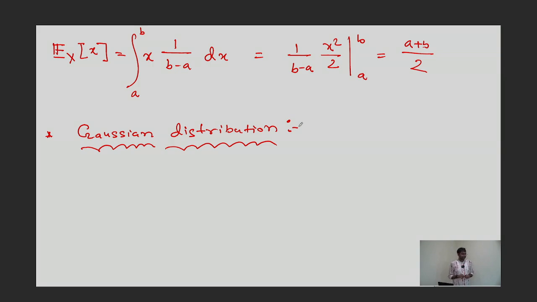Most common in nature. So if it has to be most common, then you are saying that the world is symmetric, because the distribution is symmetric and things vary from minus infinity to plus infinity. Because if things are symmetric, that means that the first two moments are actually enough.